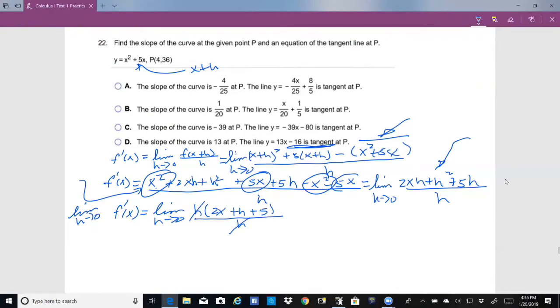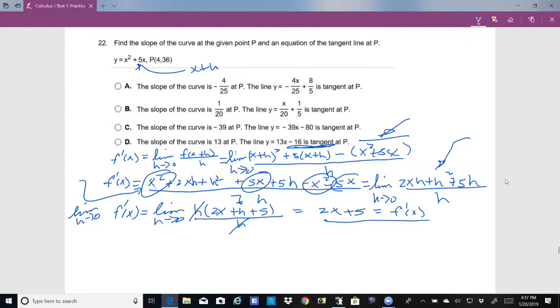Notice the h cancels out, and that relieves us of the problem of h going to 0. And taking the limit now, plugging in h equals 0, we get 2x plus 5. So that is equal to f prime of x. That is the derivative of the function.